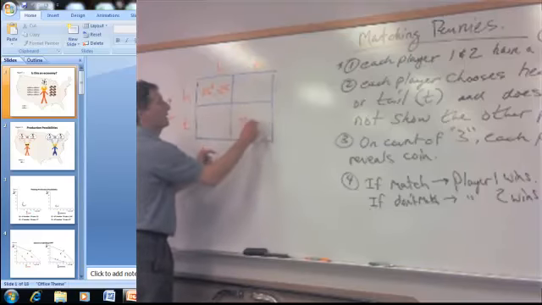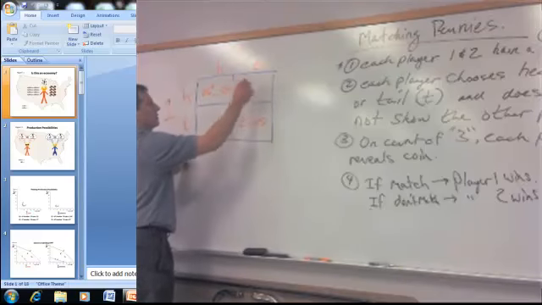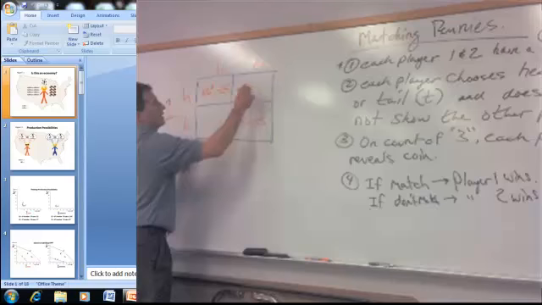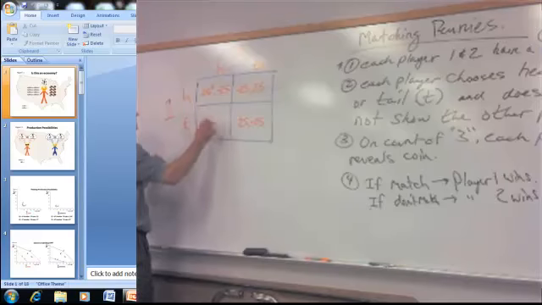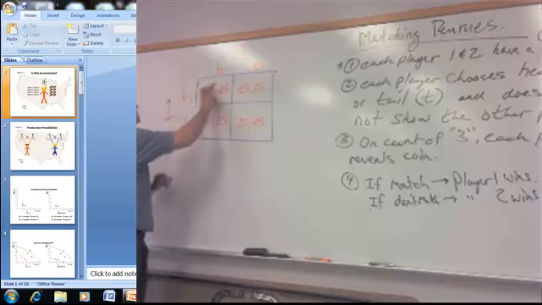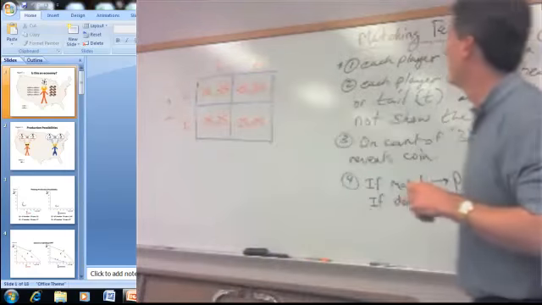So it's 25, negative 25. But if they don't match, then player 2 is our winner. So player 1 loses, player 2 wins, and player 1 loses, player 2 wins. Okay, good job, Curtis.